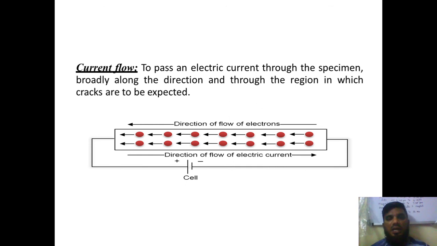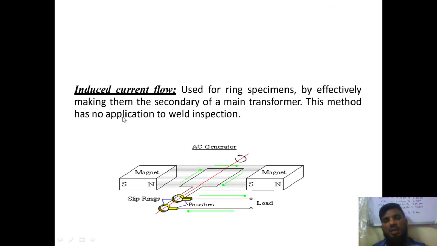To pass electric current through a specimen, we should broadly know the region where the cracks are expected. Generally, we know the direction in which the cracks are formed, so based on that, you have to pass the current. Because of this passing of current, the magnetic field will be generated.